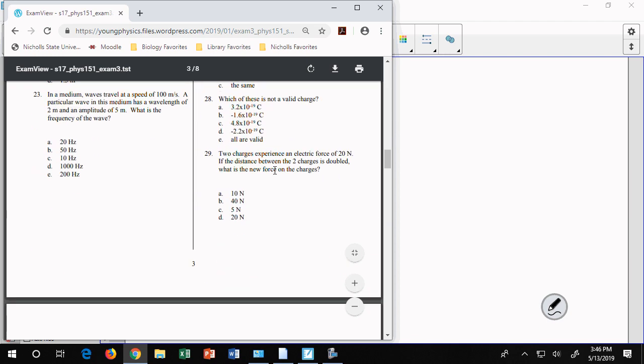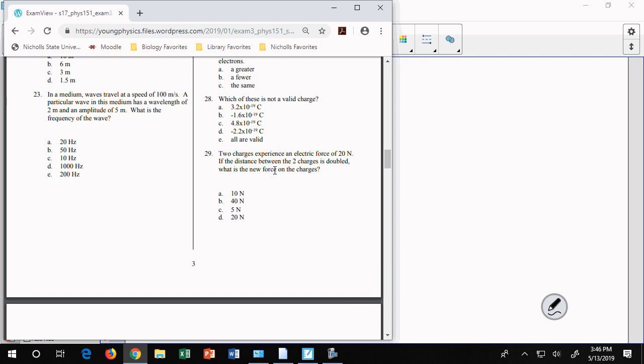Two charges experience a force of 20 newtons, and then if I double the distance between the two charges, what is the new force on the charges? So F is equal to 20, right? And F, I know also, is kQQ over d squared, where d is the distance between them.